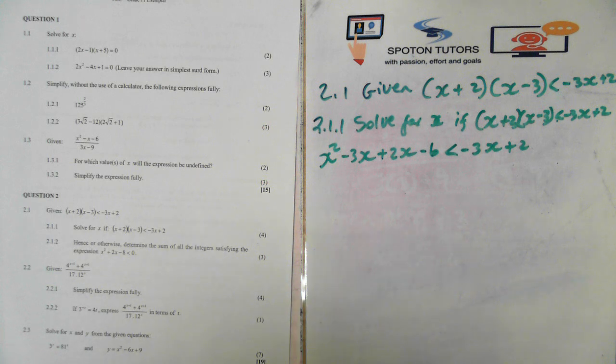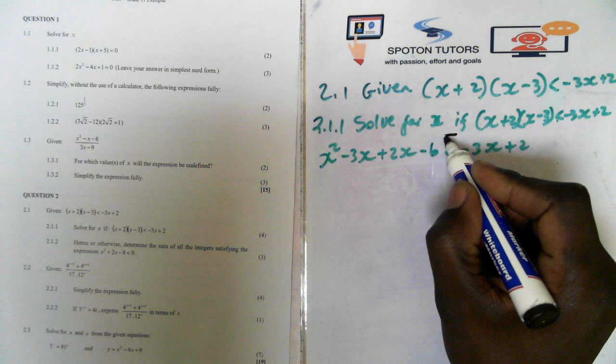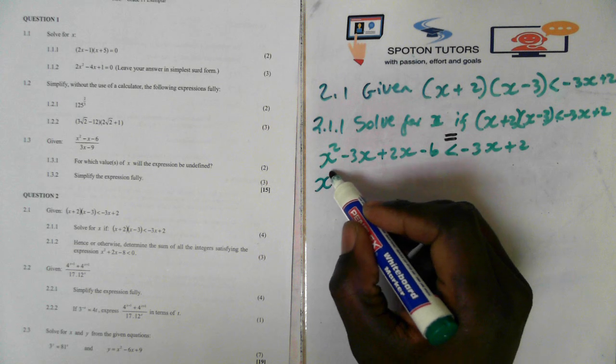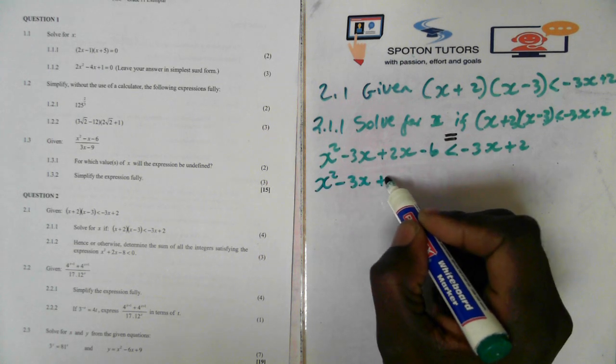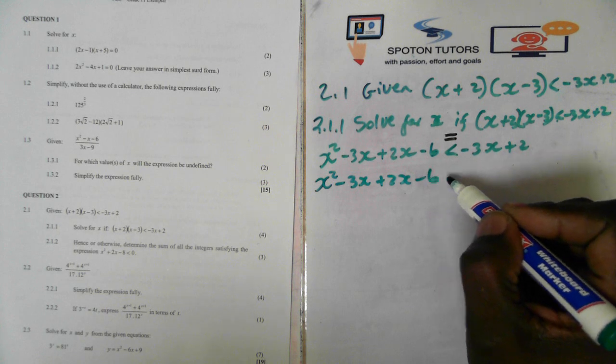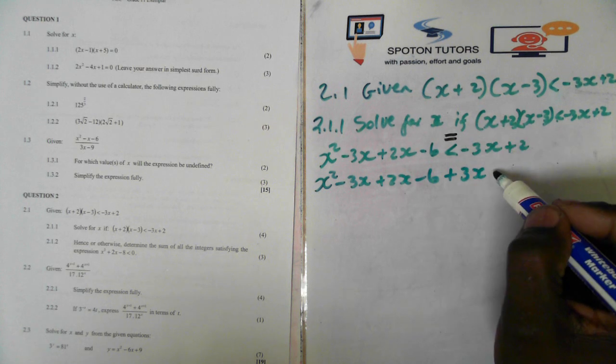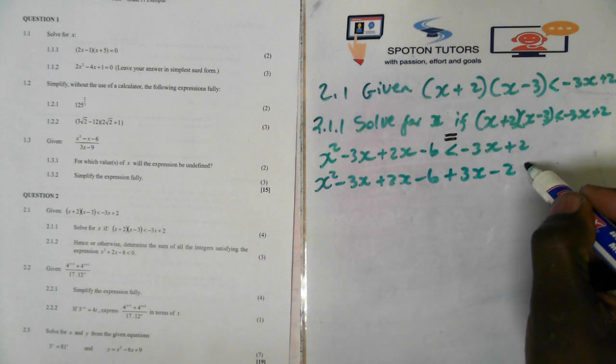You pretend this is an equal sign, this inequality sign, and it gives you the ability to apply the rules of transposing terms to the other side, so that you're left with a 0 on the right hand side. This goes to the other side and becomes a plus 3x, this becomes minus 2. Still the same sign.